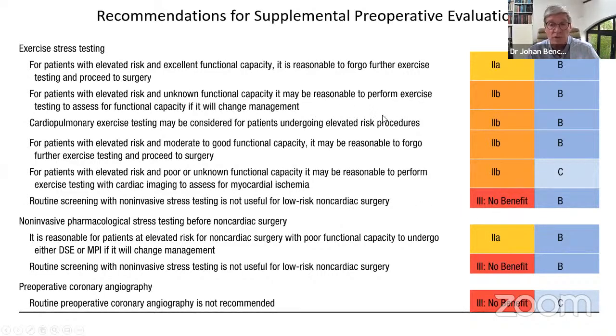If they are symptomatic and you don't know where you stand with them, you don't want to fly in the dark, so you do your exercise stress testing. Pharmacological stress testing, as you can see, is also not to be done routinely. Coronary angiography is also not routinely recommended.